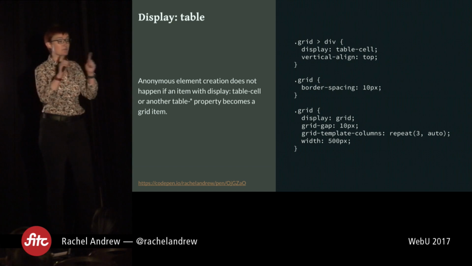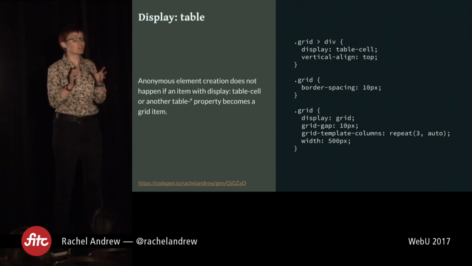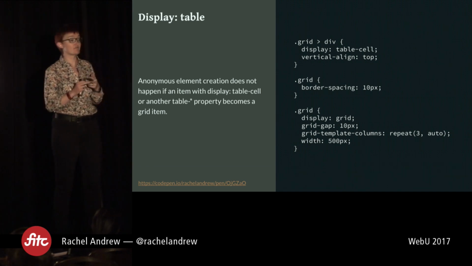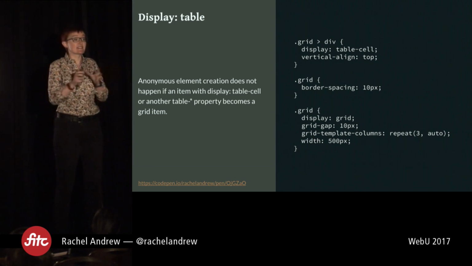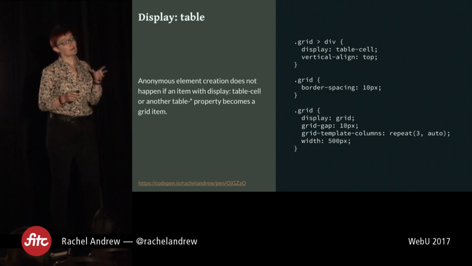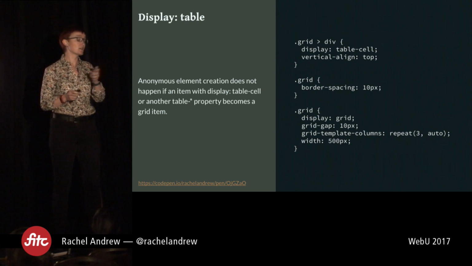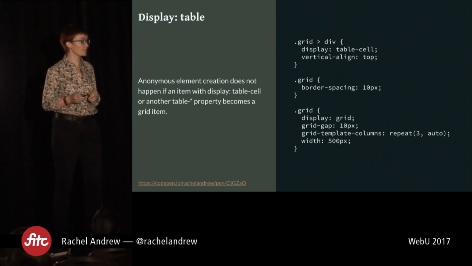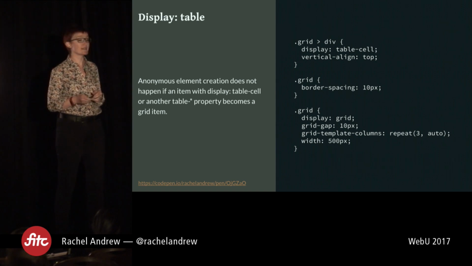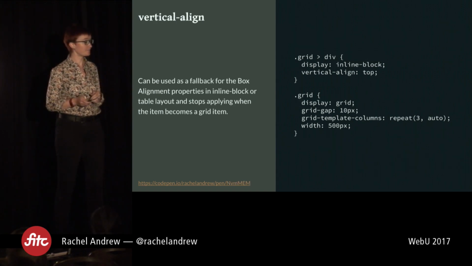Essentially you get phantom boxes that you didn't insert yourself in the markup, to fix up the table display, because a table cell has a table row and a table around it. They're needed to display it properly. What happens is the thing becomes a grid item before those things are created. So you never get them, so you don't have weird stuff lying around that's going to cause a problem. So you can use display table as a way around.